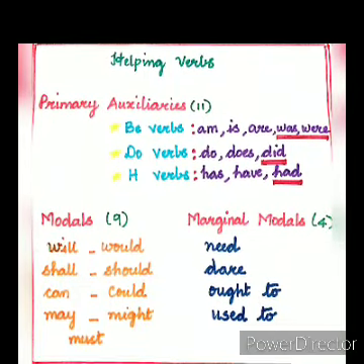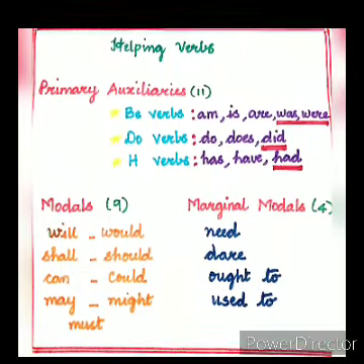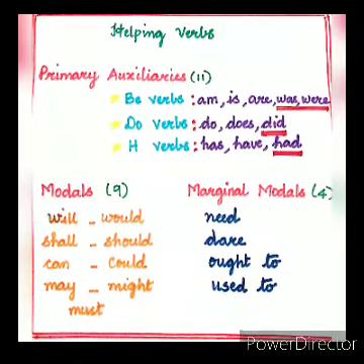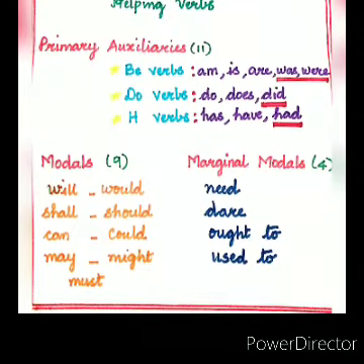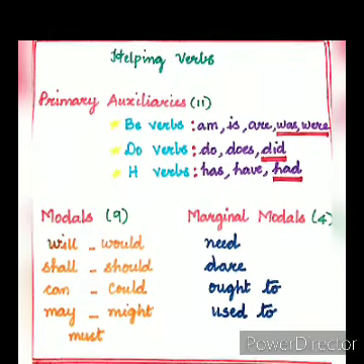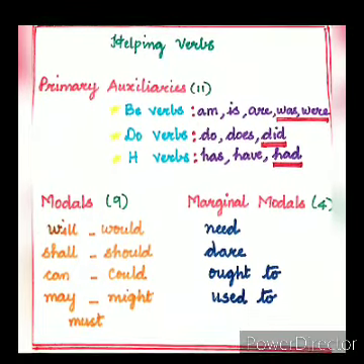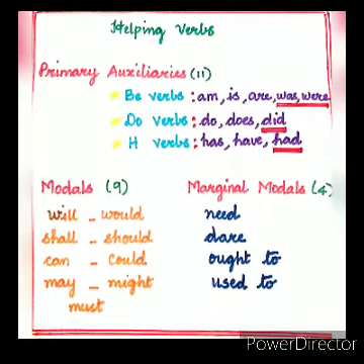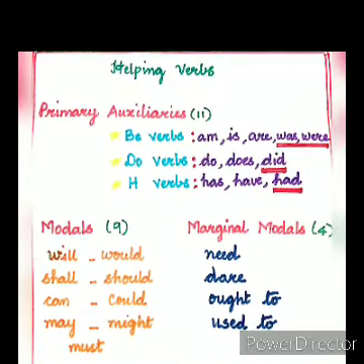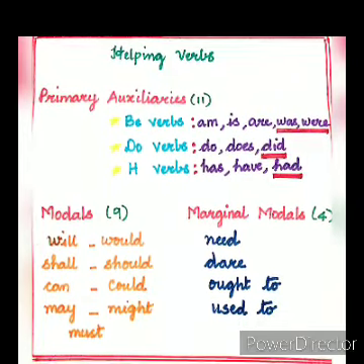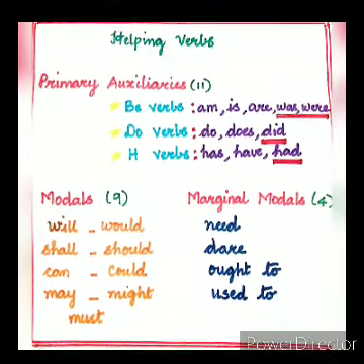Then we have three do verbs: do, does and did. Do and does are used for present tense, and did is a past tense of do and does. Do is used for plural subject and does is used for singular subject. Did is used for both singular and plural.